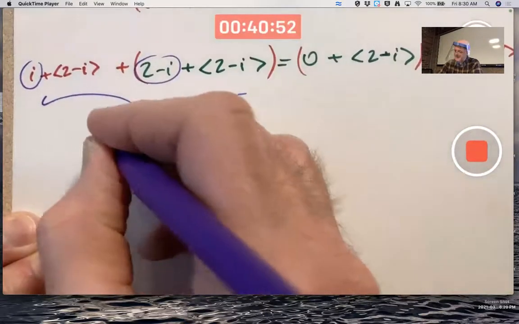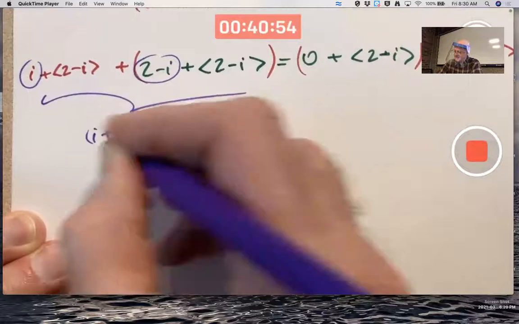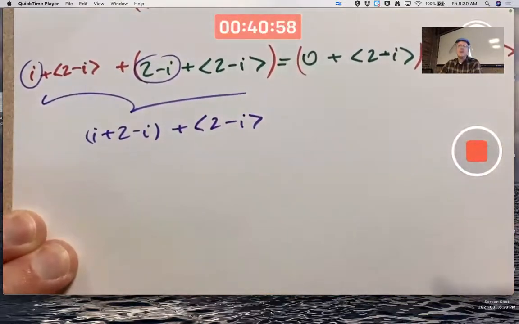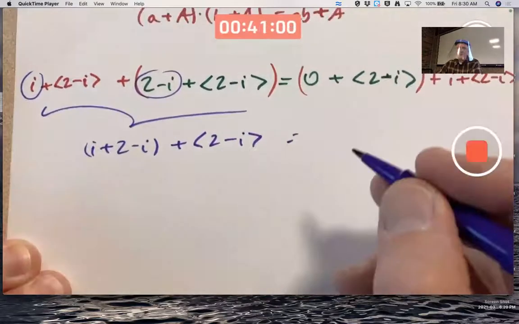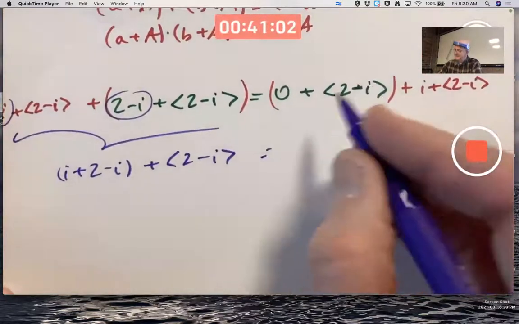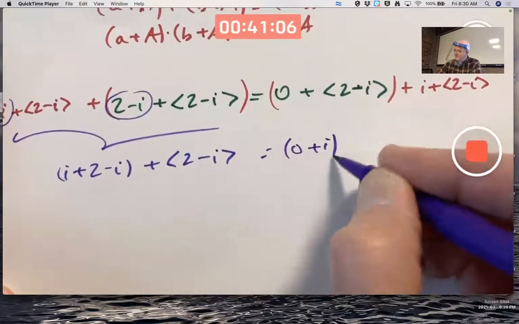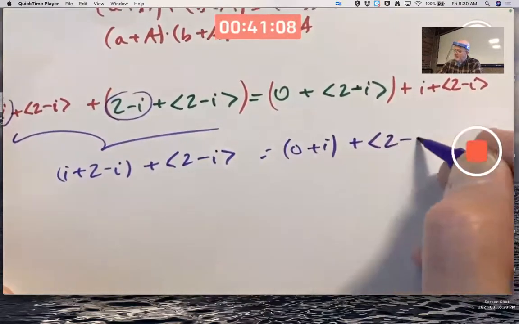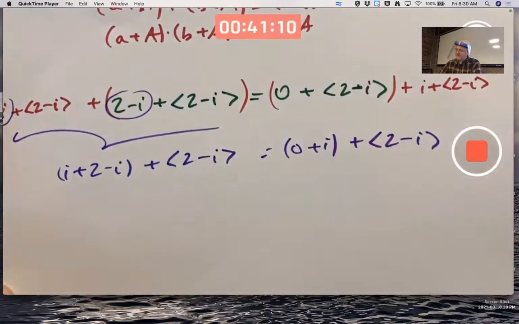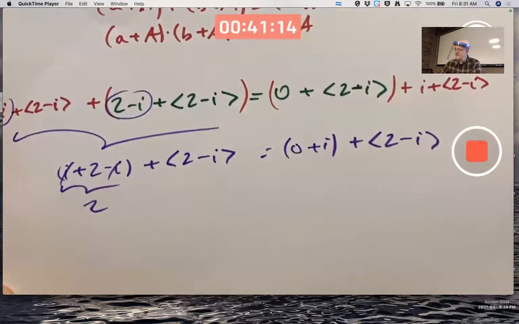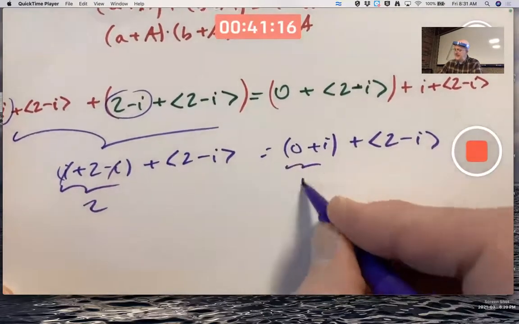I get i plus 2 minus i plus the ideal, that left coset. And over here, I add the representatives as well. I add 0 and i, 0 plus i. But this simplifies, the i's cancel to 2. And this simplifies to i.